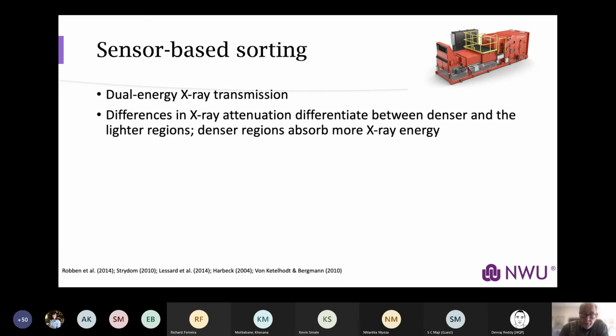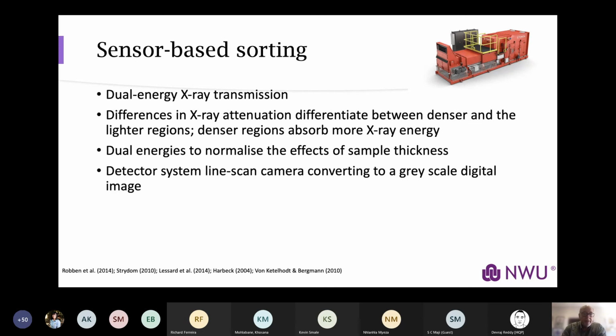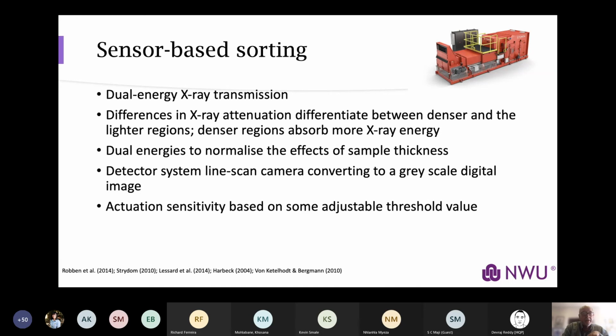And if you're going for dual energy, it means that you can compensate for bed thickness or sample thickness on the belt. The detectors normally consist of an inline scan camera that converts this image into a grayscale digital image, and there's some intelligence around this, and then some actuation, whether it be flappers or pneumatic, is then actuated based on some threshold value.